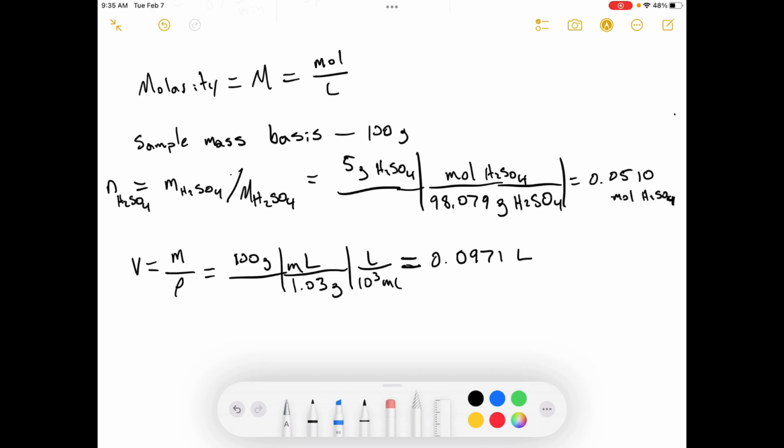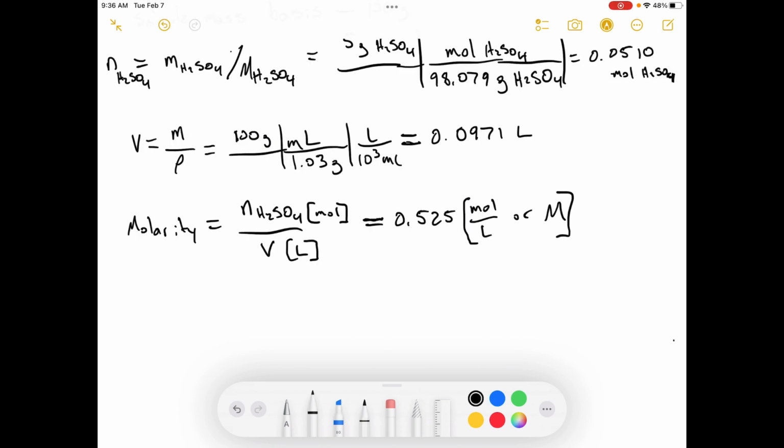Now I have the number of moles and the volume of my sample, so I can calculate the molarity. The molarity is equal to the number of moles of sulfuric acid divided by the volume of the solution, and that equals 0.25 moles per liter. Alright, that's it for part A.